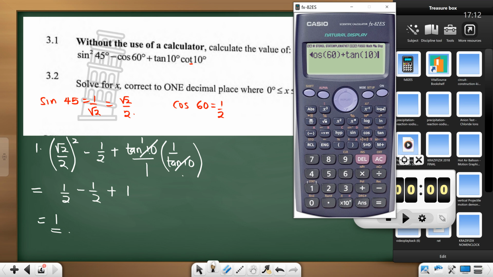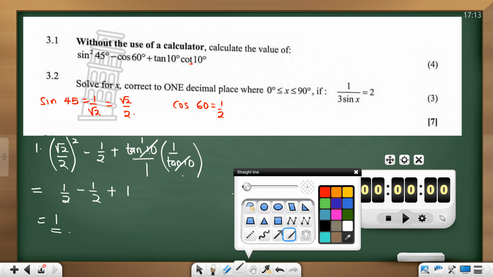Tan 10 multiplied by, there's no cut on your calculator, so it's 1 over tan 10. And that's my answer there. My answer is 1. I hope that makes sense.